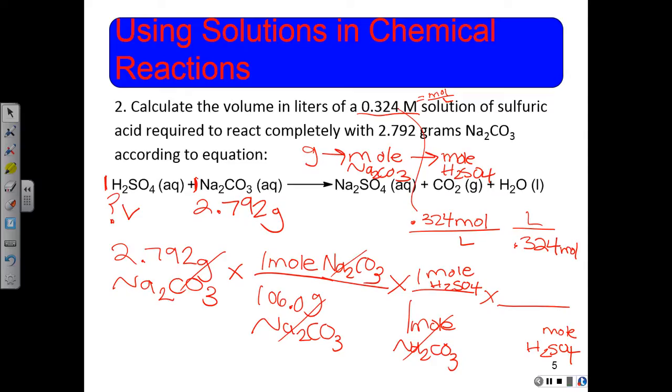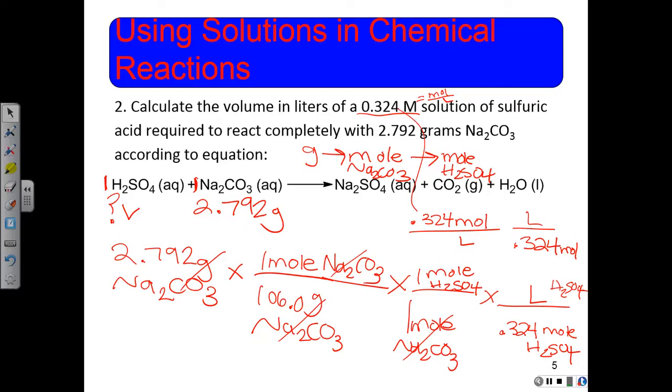So we're going to take our 0.324 and put our liter here. That's just understood to be 1 liter, so if you want to write that, you can. And that's still H2SO4. The first 2 steps are exactly like what we've been doing: grams to moles of what we're trying to find.